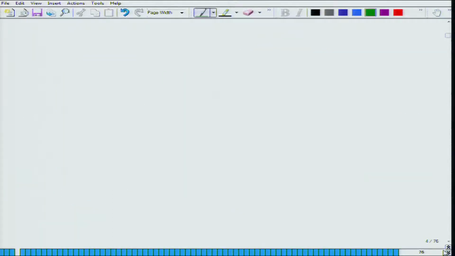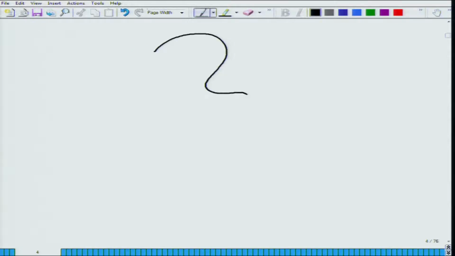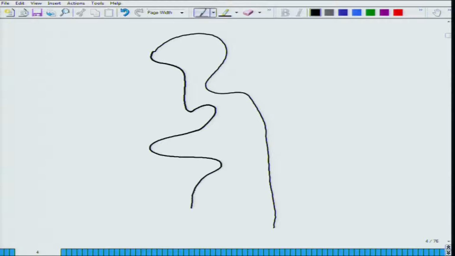If I draw it anatomically, then this is how it will look. If this is the head and this is the rest of the body, then it is something like this. This is where you are taking your food.